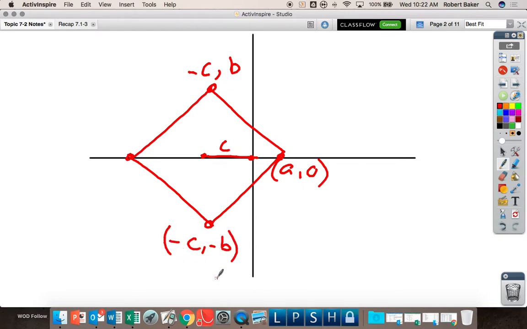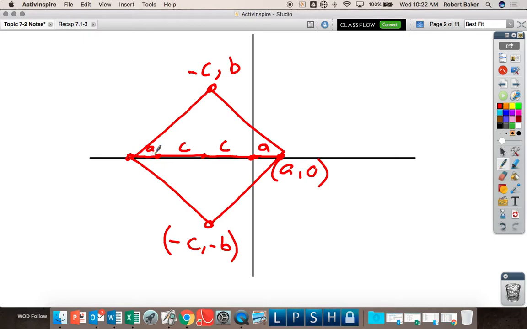Now, here is an instance where you don't need to create a new variable. Is everybody on board with that? You don't need to. So this distance is c, this distance is a. So theoretically, the distance from the midpoint this way should also be c and a.